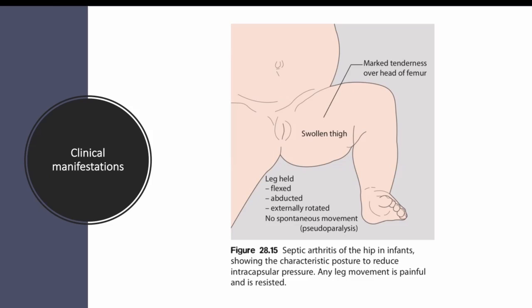And if the patient is above 1 year, or if the patient is walking, they will have pseudo paralysis. And the mom will mention to you, why, when I'm changing the diaper, the patient is crying a lot, because she will move the joint while changing the diaper. So that's one of the signs you need to pay attention to.